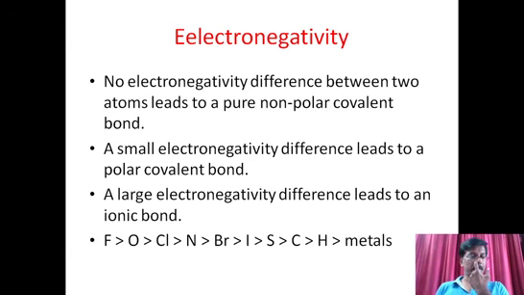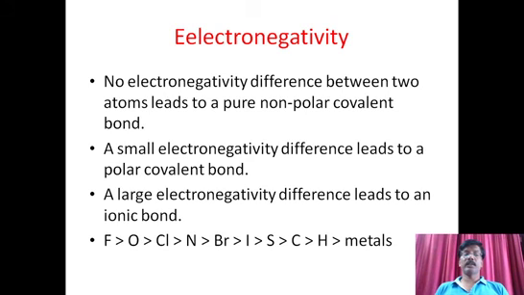Okay. So there is already an electronegativity order. Fluorine is the most electronegative, that is, its electronegativity value is very high. Then comes oxygen, then chlorine, then nitrogen, then bromine and iodine, and so on. Carbon is 2.5 and hydrogen is 2.1.